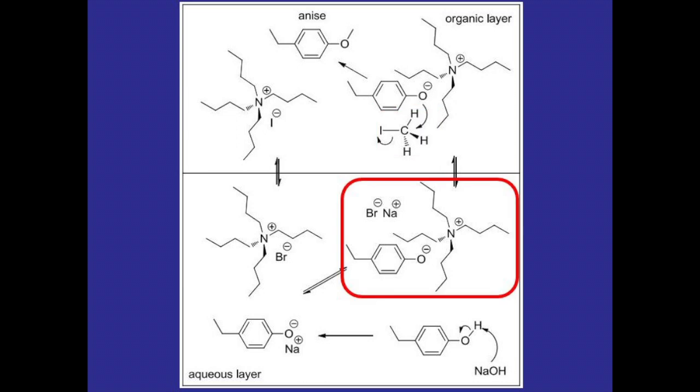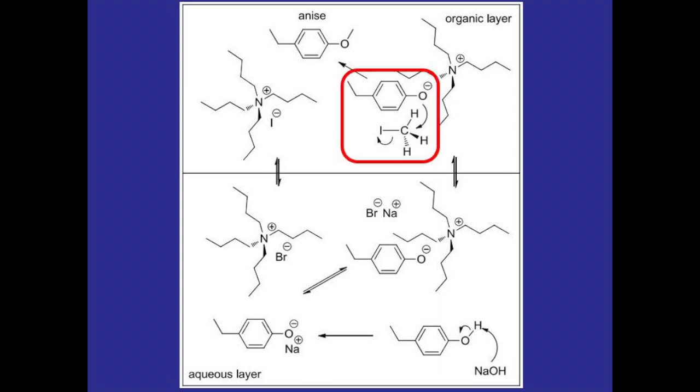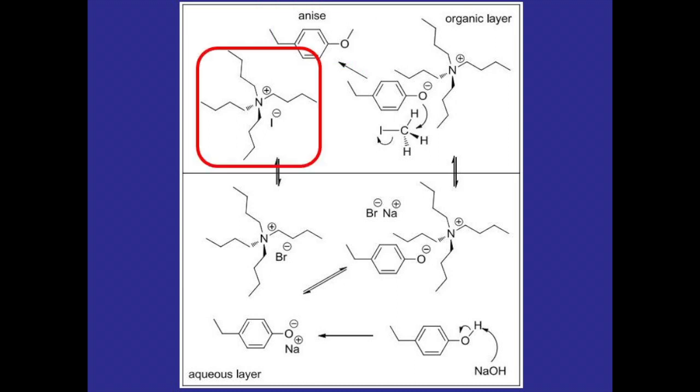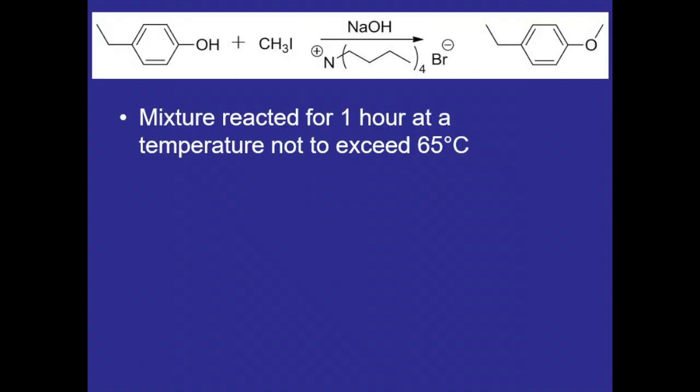As the phenolic ion interacts with the phase transfer catalyst, what the solvent's mainly going to see is a bunch of organic groups, so both of those compounds will move up into the organic layer where the phenolic ion can then backside attack the methyl iodide and form the anise product. Then the remaining halide salt will migrate back into the aqueous phase, and this same process will repeat itself over and over again.